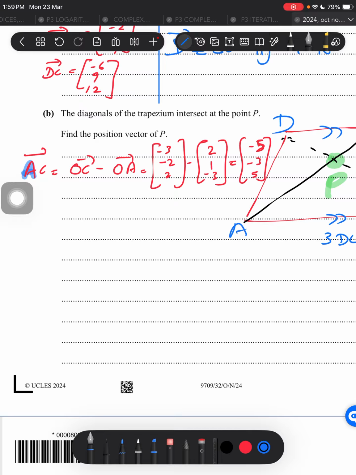So we know that the equation of a line is position vector plus lambda times direction vector.